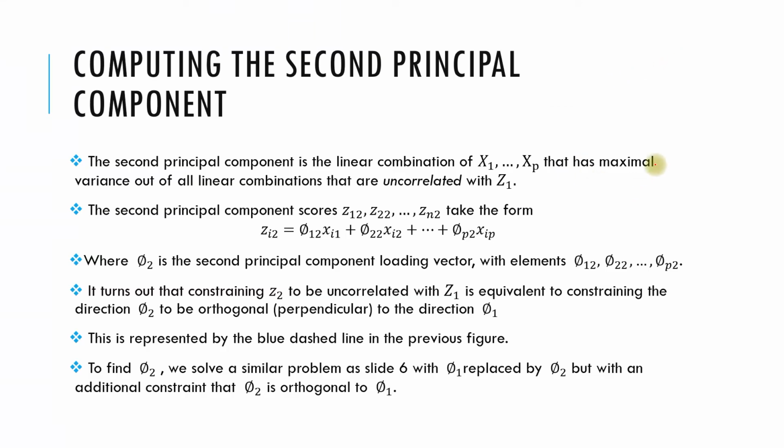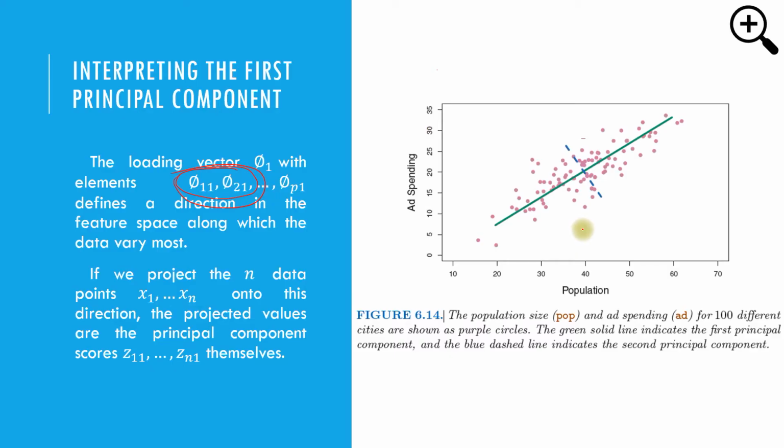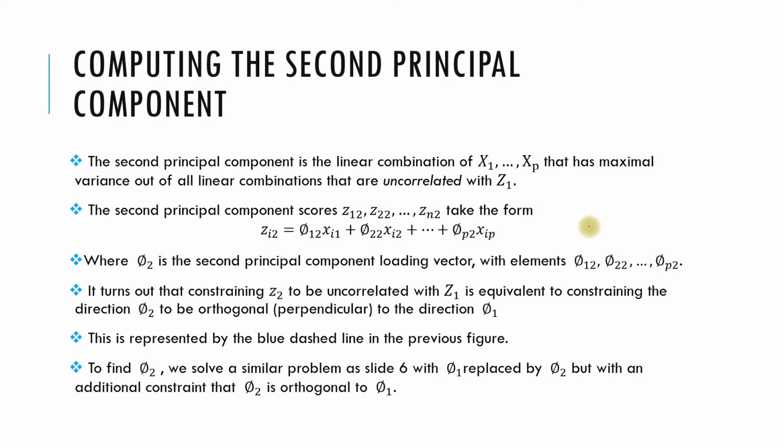So I leave the detail for the second component, which is basically the same idea as what you did here. We still want to maximize the variance, so the principle is the same, subject to the same constraint that we discussed earlier. But the second principal component has an additional constraint: phi 2 is orthogonal to phi 1.